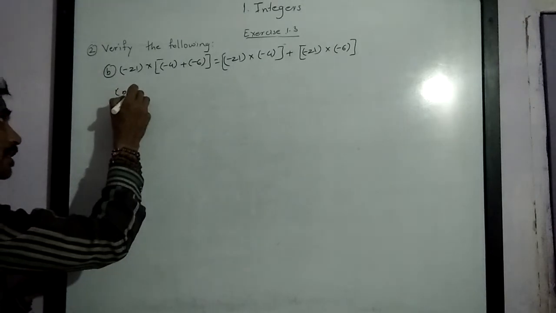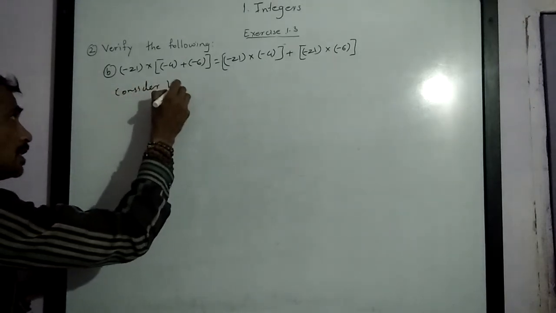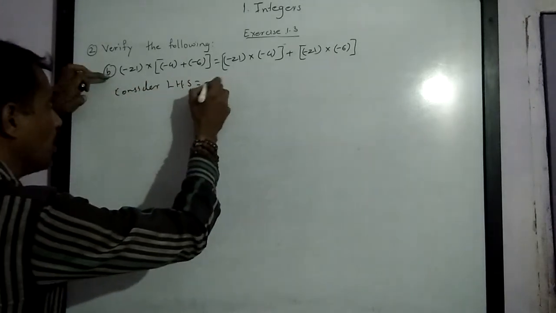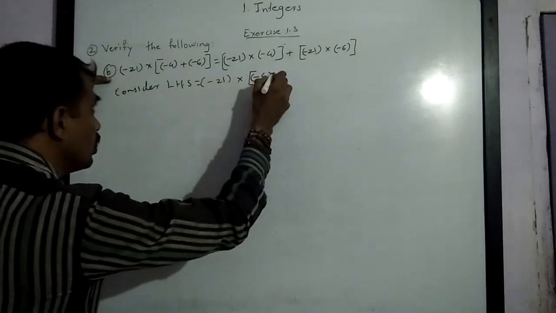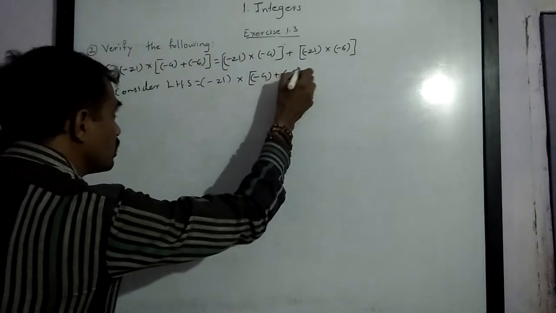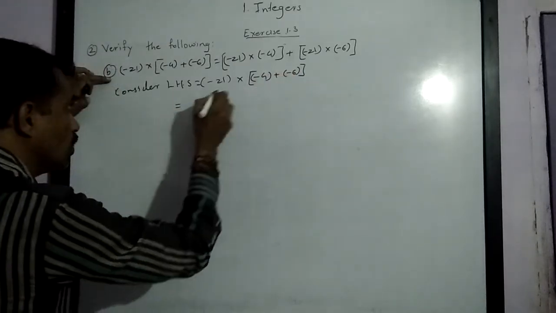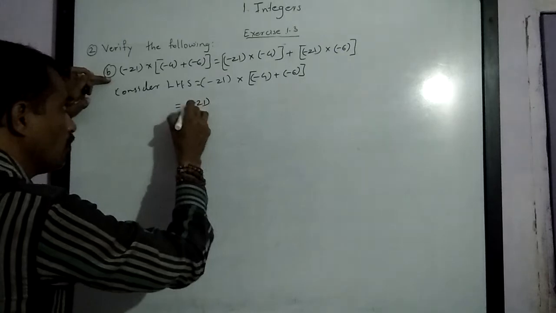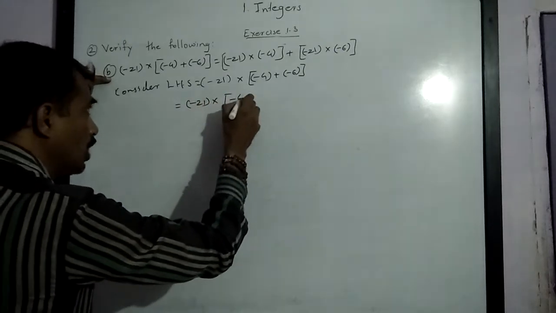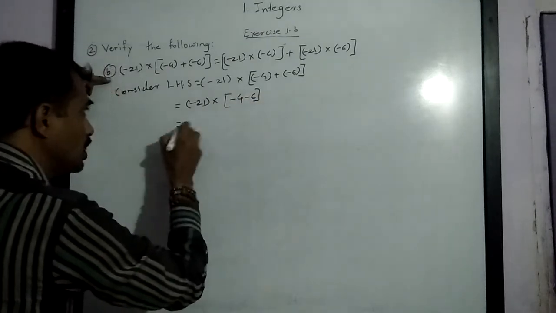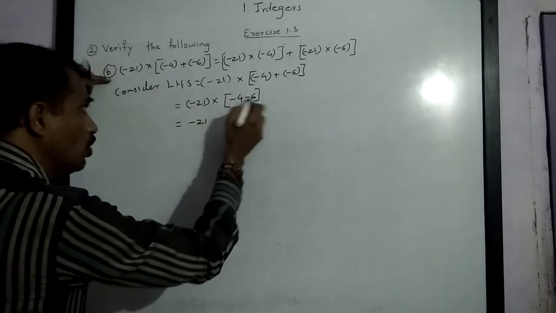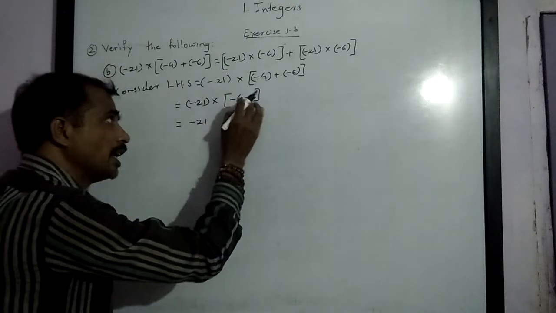So consider LHS. LHS is equal to negative 21 multiplied by negative 4 plus negative 6. So this is equal to negative 21 in first bracket multiplied by negative 4, this plus into minus becomes minus 6. Now this is equal to negative 21 into negative 4 minus 6.